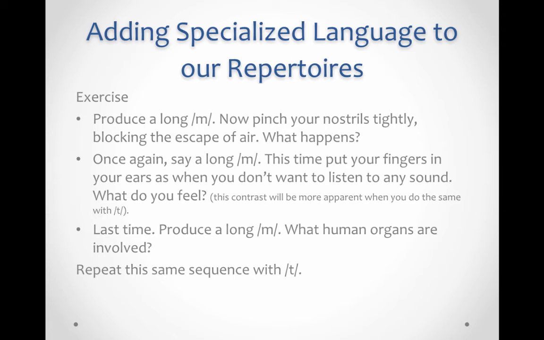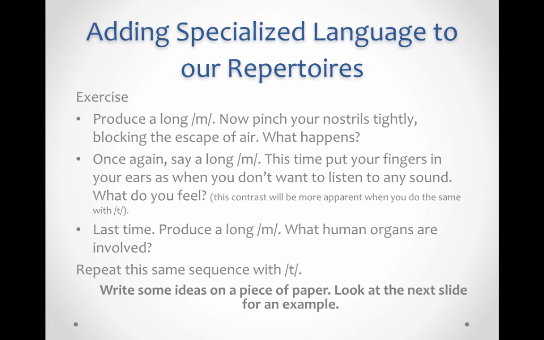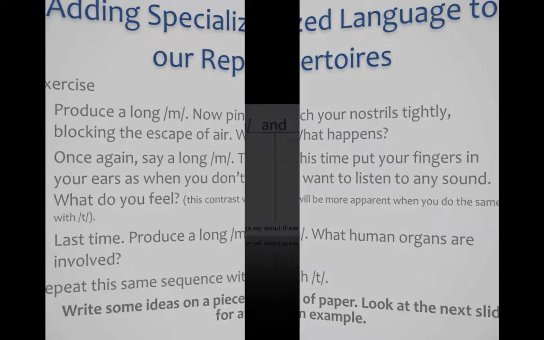Does the same thing happen? Then try to say a long t sound and put your fingers in your ears. Contrast with m. What human organs are involved in pronouncing t? So write some ideas on this on a piece of paper and look at the next slide for an example.